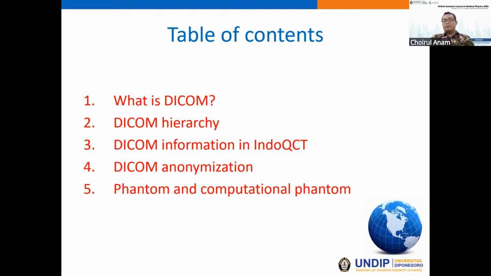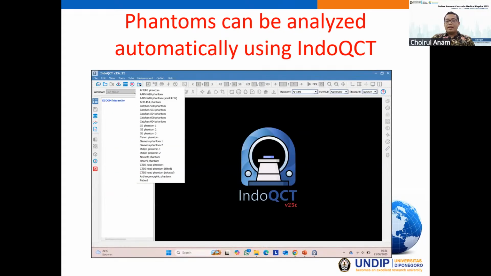And now we move to the phantom and the computational phantom. IndoQCT is designed for automatically measuring the image parameters from various phantoms, such as the AAPM, RCR, CATPHAN, and vendor phantoms such as Siemens, GE, Toshiba, and so on.